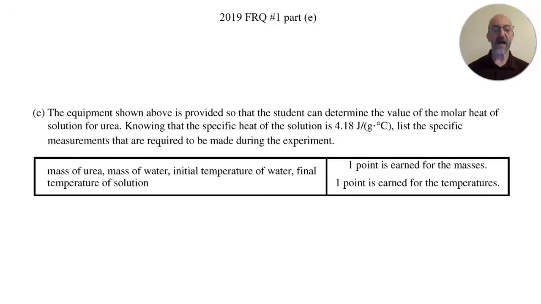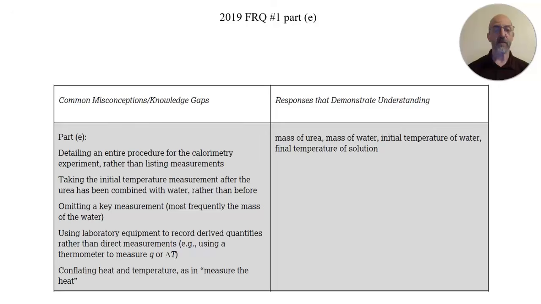So mistakes included writing a procedure instead of listing the actual measurements, taking the initial temperature measurement after the urea or the solid has already been combined with the water, instead of measuring the temperature of the water before the solid is added.